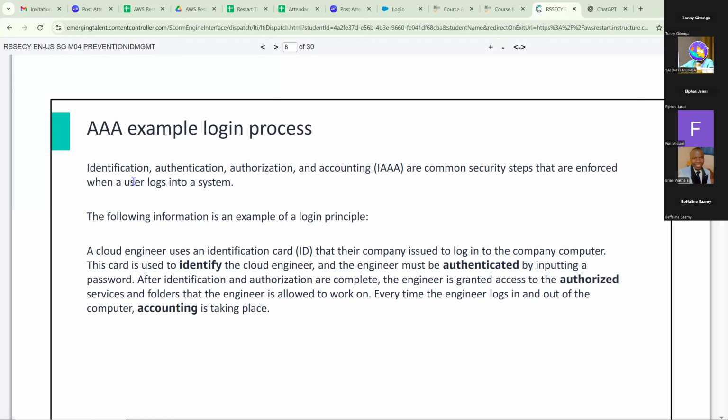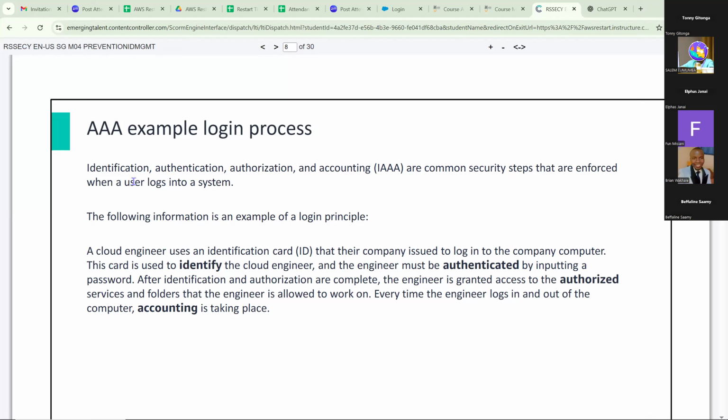After identification and authentication are complete, Befalin is granted access to the authorized services and folders that she is allowed to work on. You understand? That she's allowed to work on. That's now authorization. Every time she logs in and out of the computer, accounting is taking place.